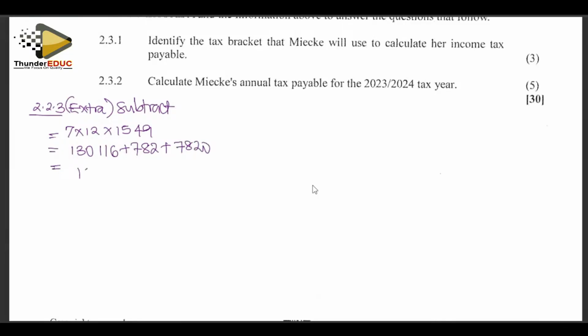So the person has paid this much. So what's the difference with the cash? The answer became that, that's the final answer.